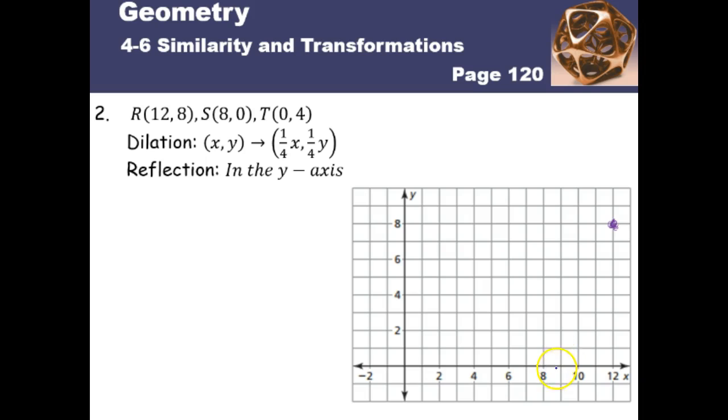S is (8, 0). This is R, this is S, and T is (0, 4). And I'm going to connect the dots. That was pretty bad. Let's see if I can draw that better. That's good.